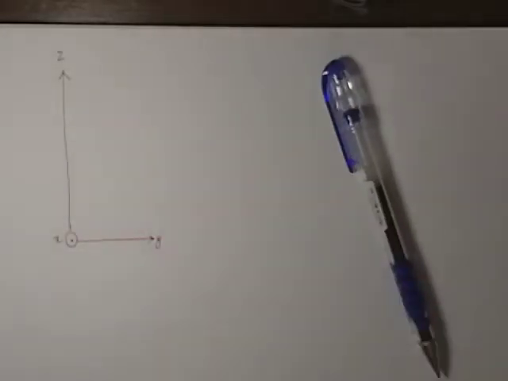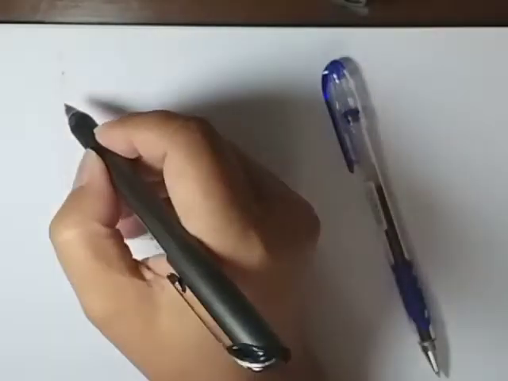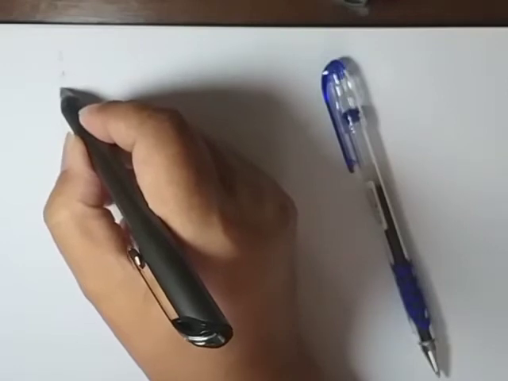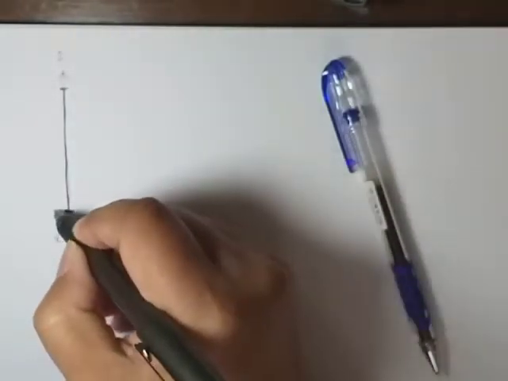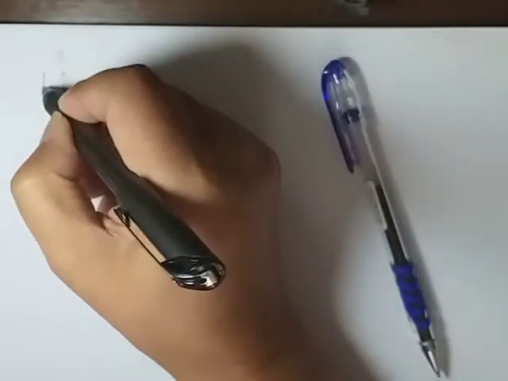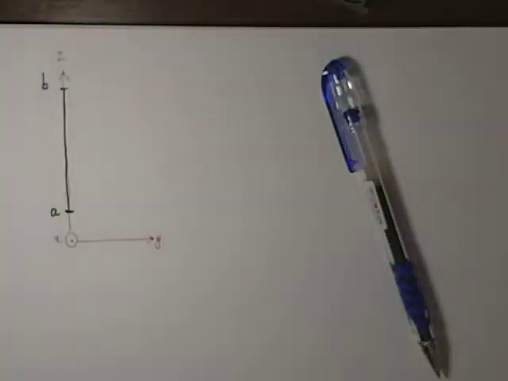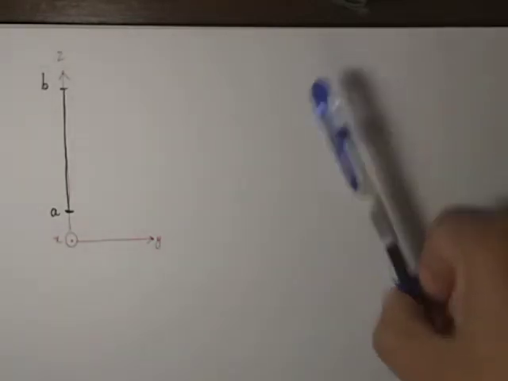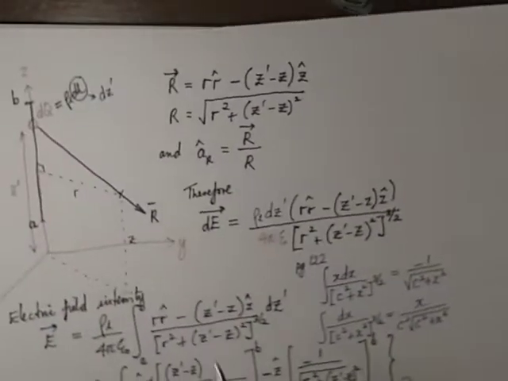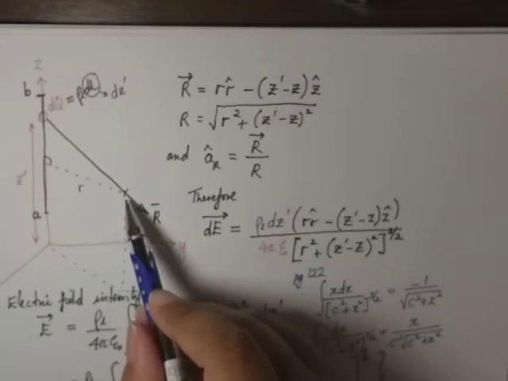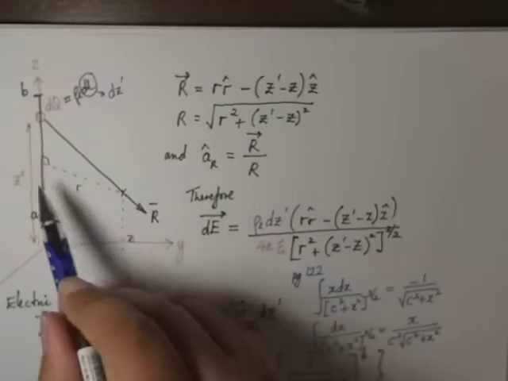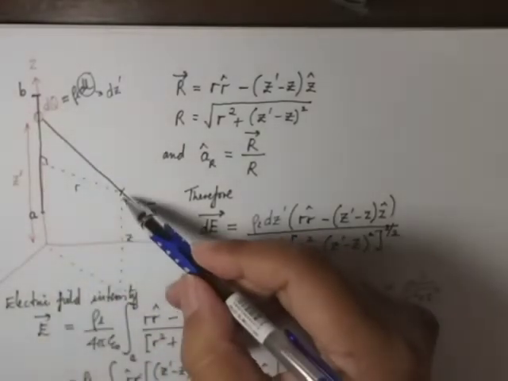So what we're going to place now, our line charge located where? On the z-axis. From where? From A until B. Then, how do I draw the E position now? So the E position is actually a position having R value from the z-axis and making height z.